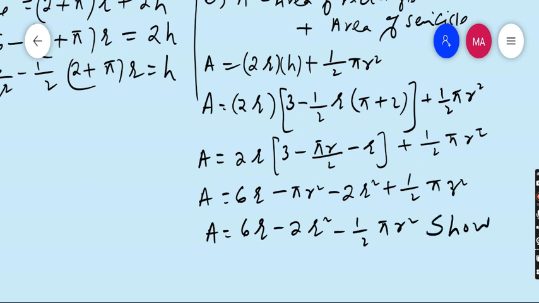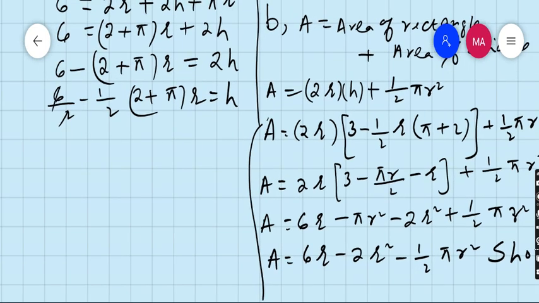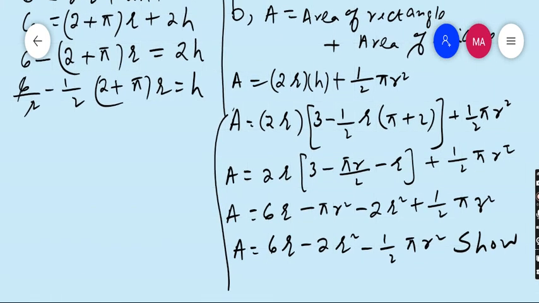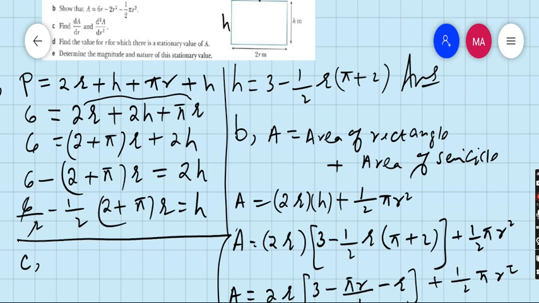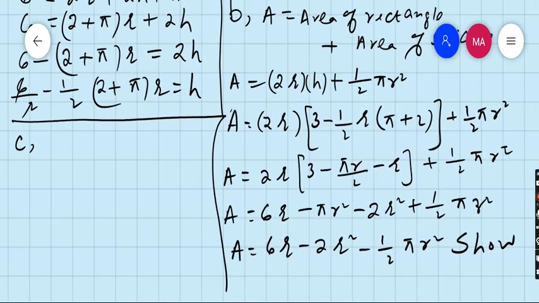Shown. Okay. Now move to part C. What is part C? Find dA by dr and d square A by dr square. Very easy.